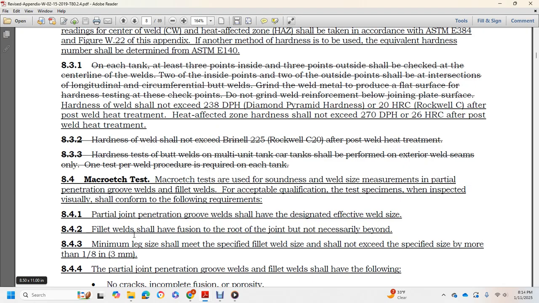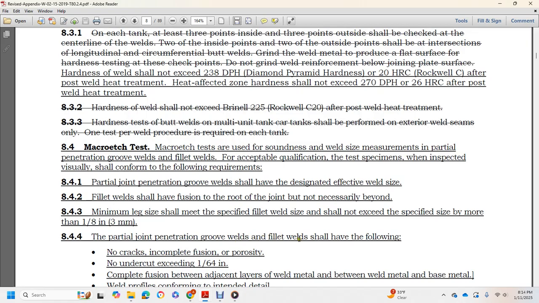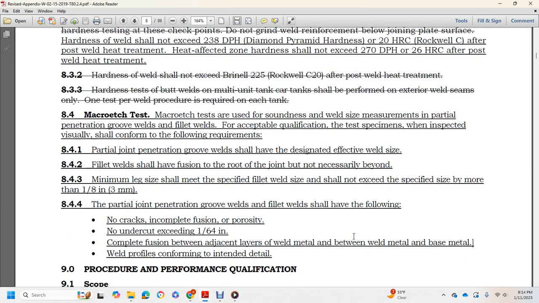Minimum leg size shall meet the specified fillet weld size and should not exceed the specified size by more than 1/8 of an inch. Partial joint penetration groove welds and fillet welds shall have no cracks, incomplete fusion, or porosity, and no undercut exceeding 1/64 of an inch. There shall be complete fusion between adjacent layers of weld metal and between weld metal and base metal. Weld profiles shall conform to the intended detail.